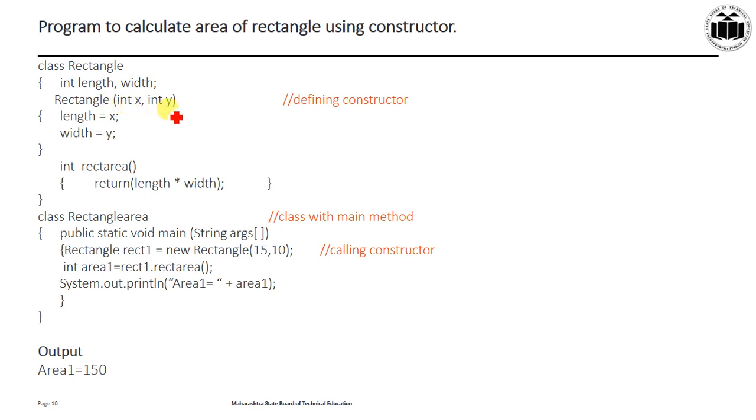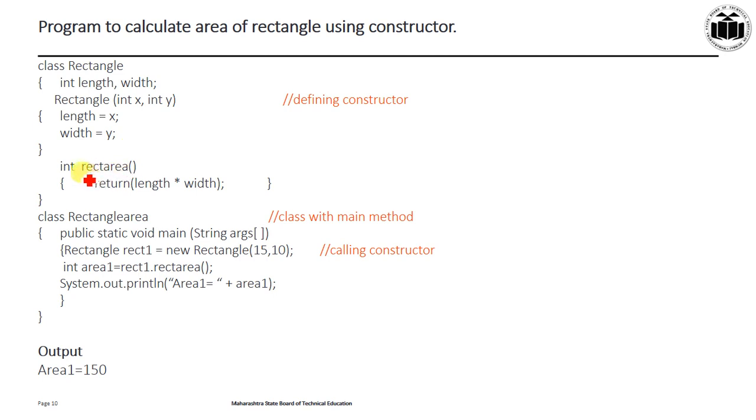Here we have passed two parameters, int x and int y. So int x and int y are called local variables, and int length and width are called instance variables. In the constructor we write length is equal to x, width is equal to y. Means our local variable value is assigned to the instance variable value.